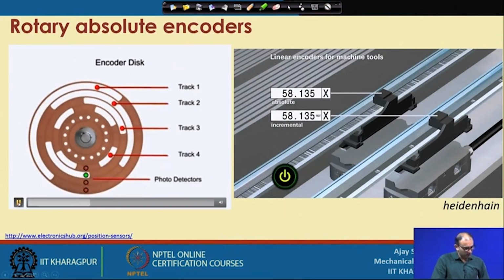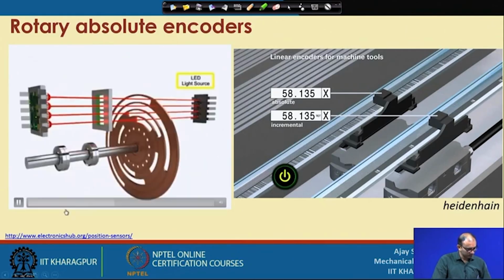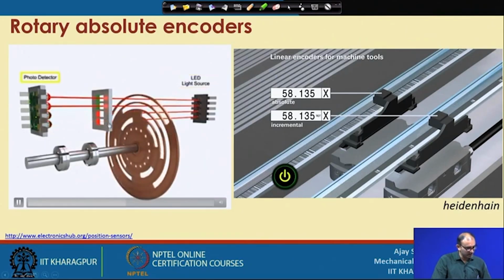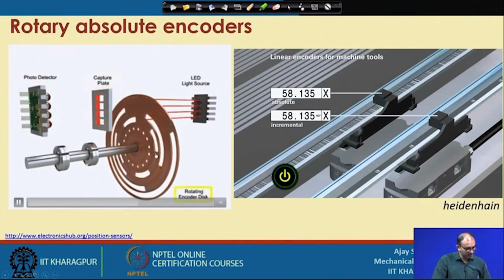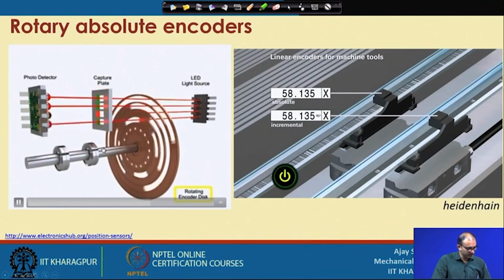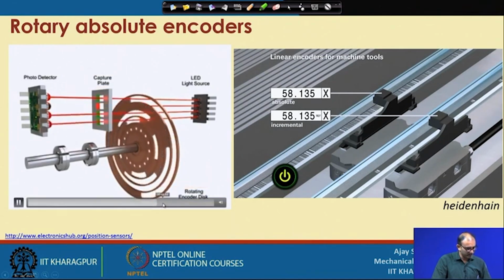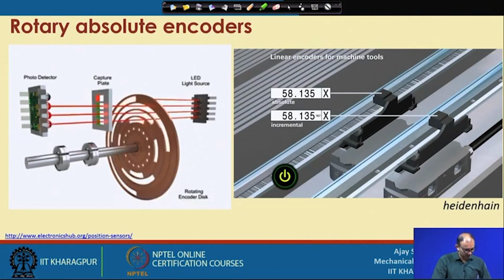These are the 4 photo detectors. When it rotates, wherever it is an opaque region, you will not get the signal, and whenever there is a light signal, you will get the signal out of it. So, this will generate one unique code, and that unique code will help you to find the absolute position of the shaft.